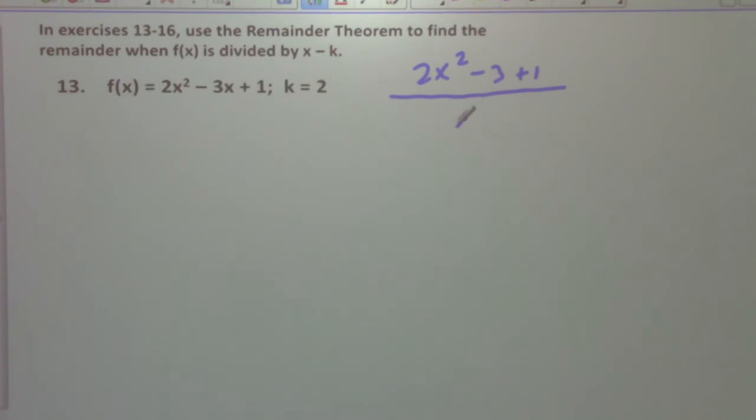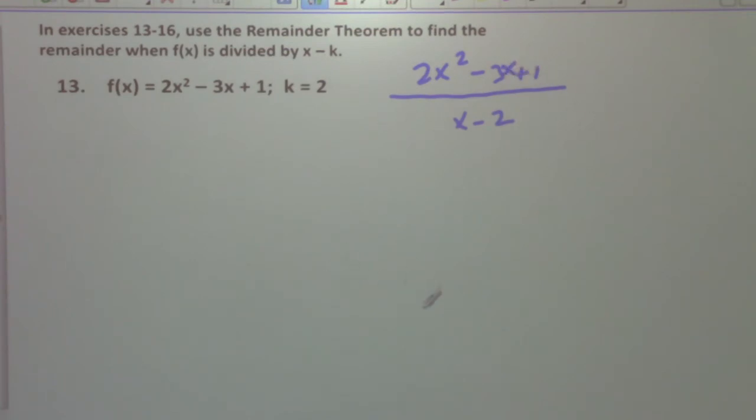So basically we're getting a shortcut to get right to the remainder. We don't have to go through all this synthetic division. Now you could, to test it pretty quickly.